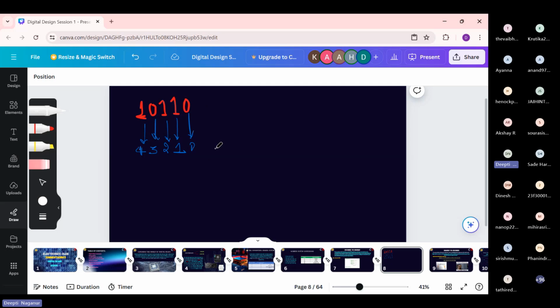we will first take the index that is 0. So this 0 we are going to consider and multiply with 2 power the index of this number, which is 0. So 2 power 0 plus I'm going to consider 1 times 2 power, now this 1 ka index is 1.